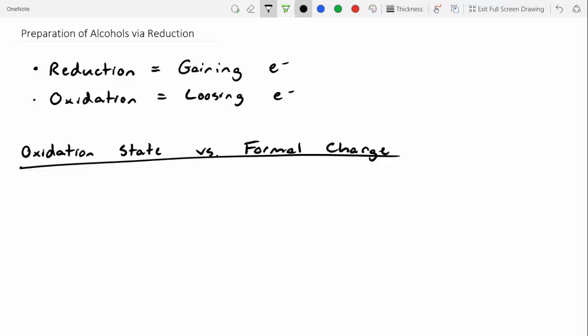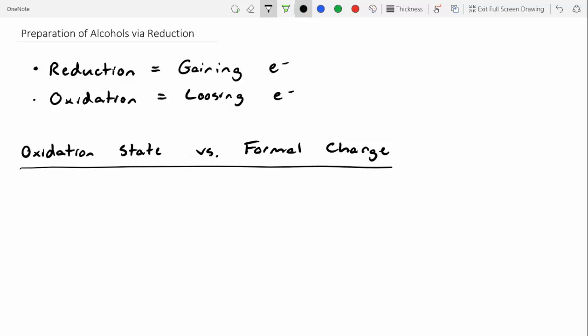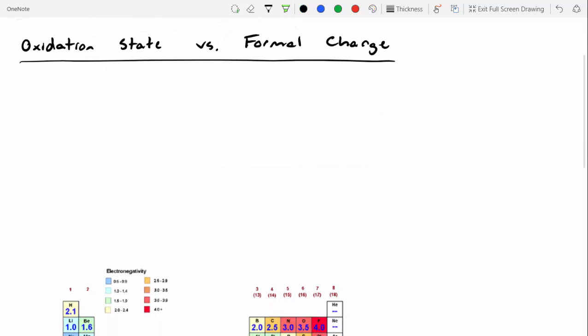How many of you guys covered oxidation states for carbon atoms in Gen Chem? A few of you guys? I know some classes don't go over it in much detail, so I did want to briefly review it. So let's say we've got methanol, H3COH. What I typically do when I'm trying to determine the oxidation state is I draw out all of my electrons.